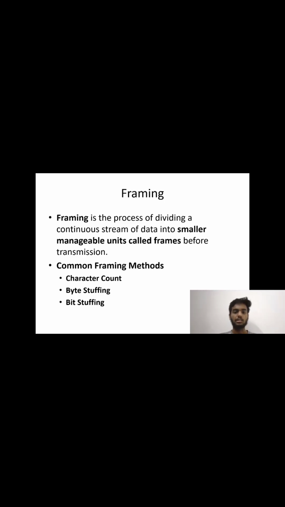Basically, the data link layer needs to pack the bits into frames so that each frame is distinguishable from one another. Some of the most common framing methods are character stuffing and bit stuffing.